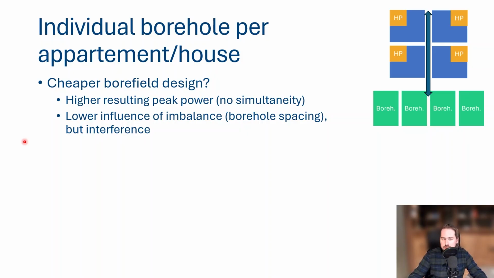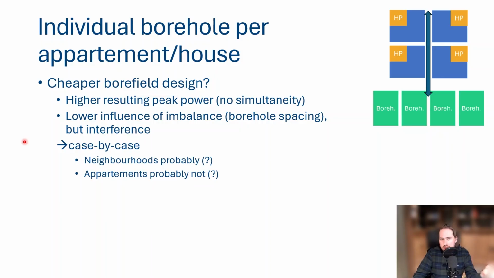But a potential advantage is that we have a lower influence of imbalance due to borehole spacing. Since we have individual buildings, in general the boreholes are further apart, and we need to take into account this interference. So we have two counterbalancing effects, and we need to evaluate this case by case.